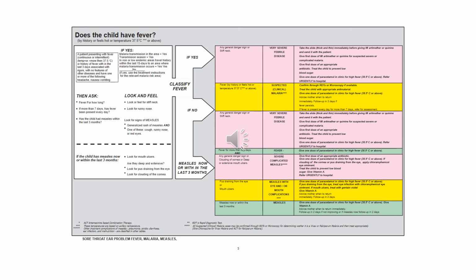Now, if the child has measles, or had measles within the last 3 months, you have to look, as I told you before, for the generalized rash, and you have to look for mouth ulcers and how extensive they are, or you have to look for any pus draining from the eyes, and you look for clouding of the cornea.